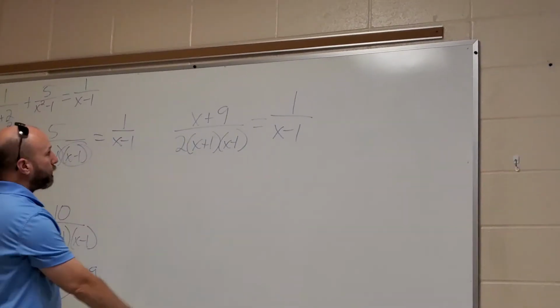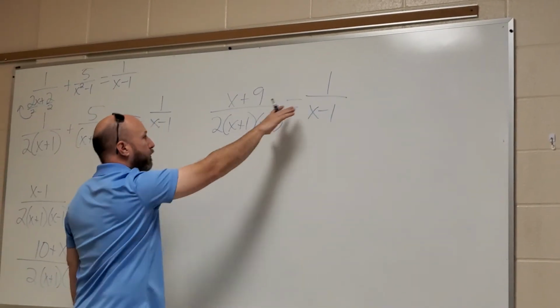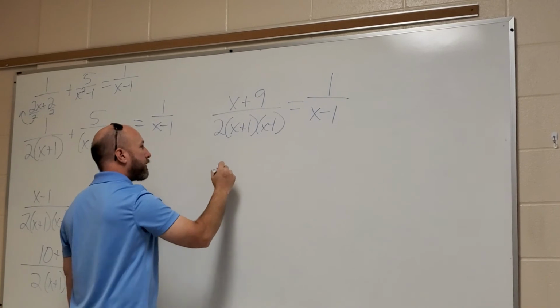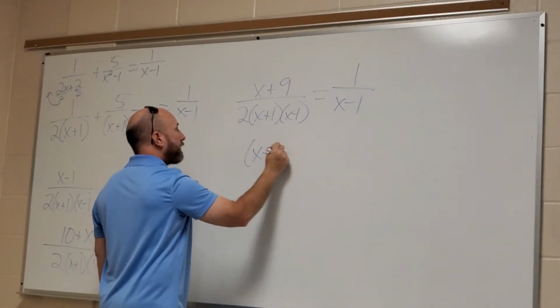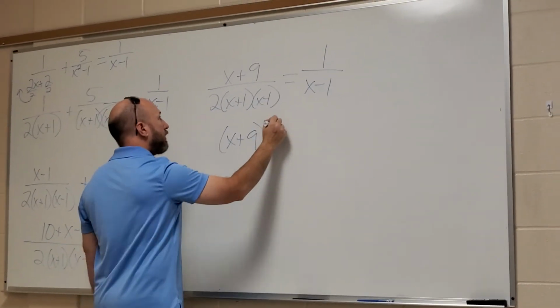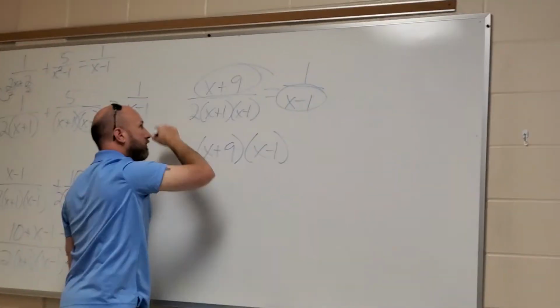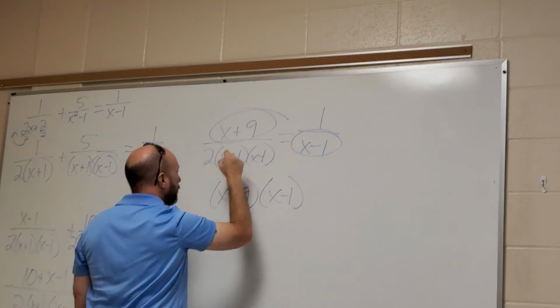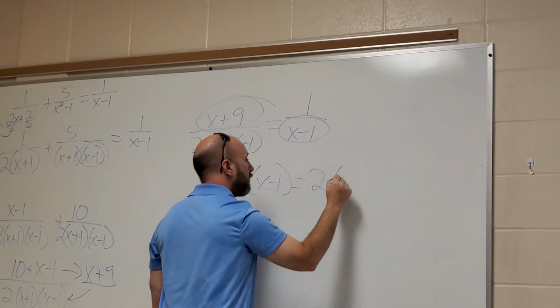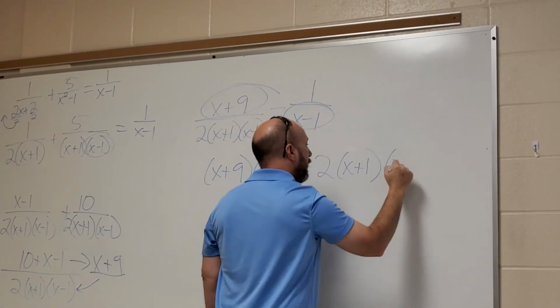Okay? So now we need to do what? We have a ratio, so we can cross multiply. So we have x plus 9, x minus 1, this one times this one. And then 1 times this is just that. So 2x plus 1, x minus 1.